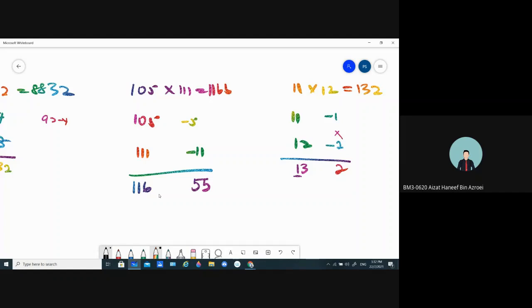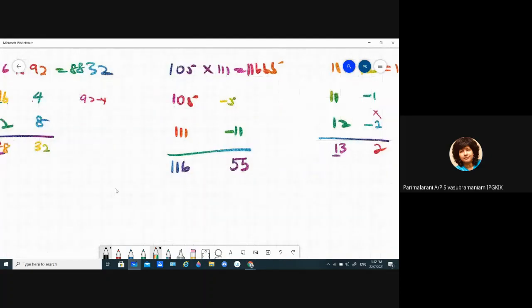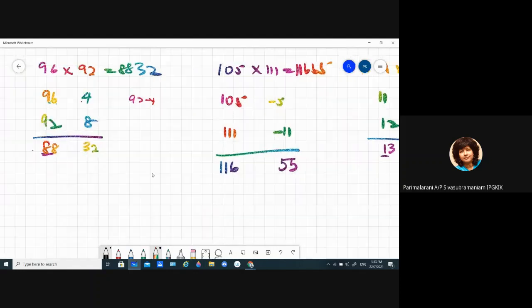So the answer is 11655. Very fast, huh? You can experiment with bigger numbers later when you look through this. Actually, it's quite challenging to work it out for bigger numbers, okay?